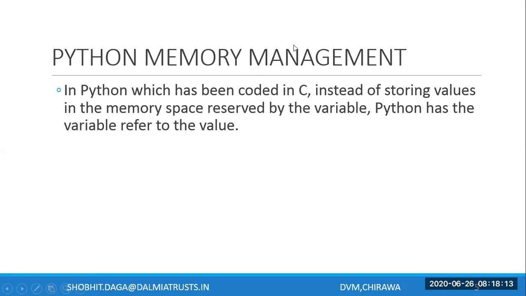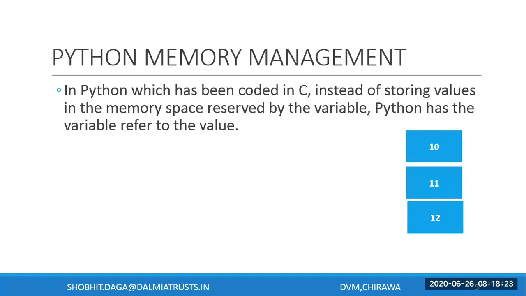So see, when it comes to Python, the variable refers to the value. Values are already present in Python. For example, you already have some preset values stored in Python. What used to happen in C? In C, we were first creating the variable and it was given some space, and then the value was stored in that space.